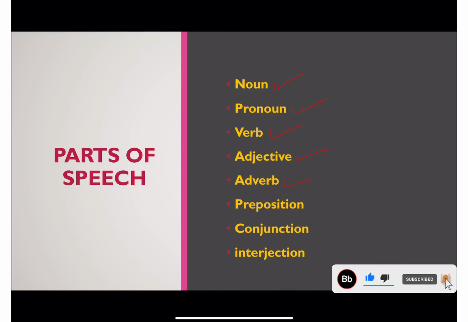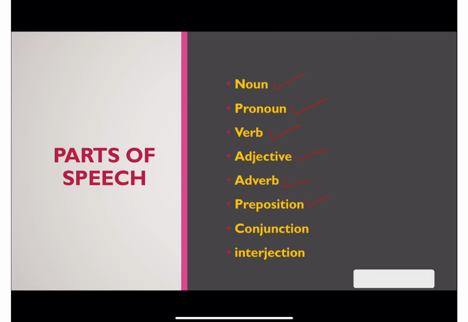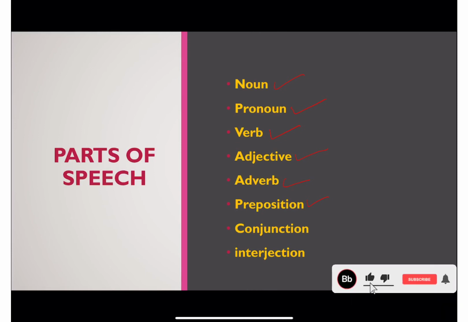We did adverb, which describes a verb, an adjective, or another adverb. We also did a preposition, which is the first word or words in a prepositional phrase, which function as an adjective or an adverb. We did conjunction, which is a word that connects other words or a group of words. And finally, we looked at interjection, which is a word that shows a strong emotion or surprise.